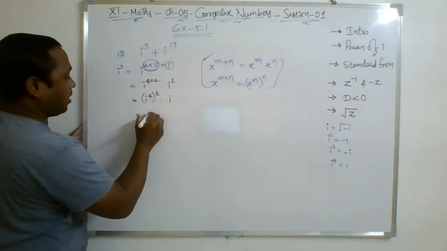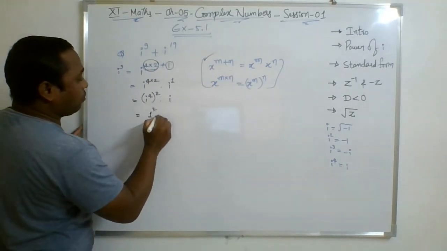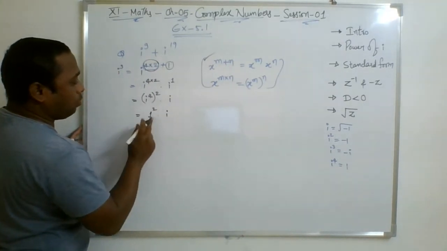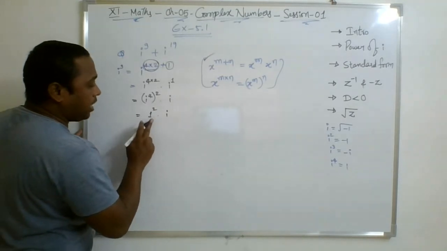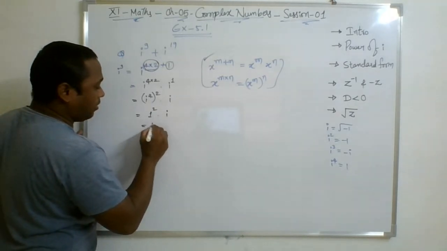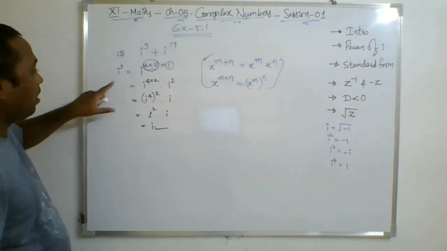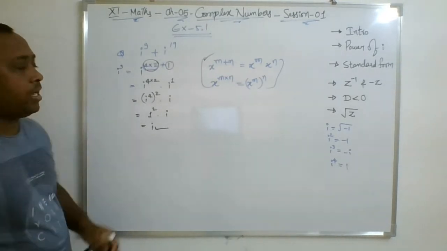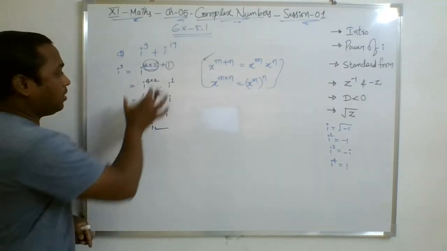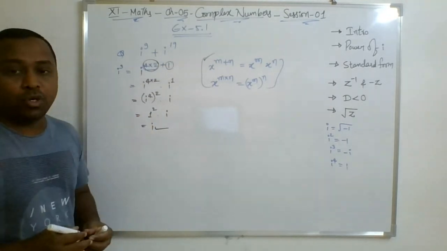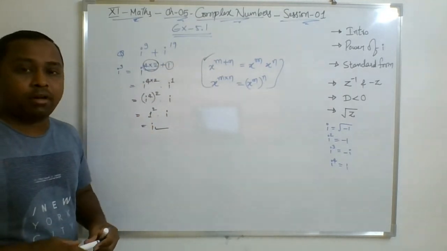So I can write it as 1 square into i. 1 square is 1 only, hence 1 into i is i. Your answer is i. i power 9 is i. So this is the technique we have to use while solving the power of i.